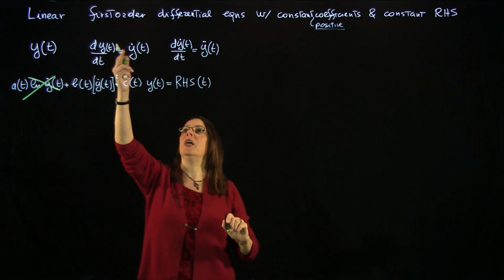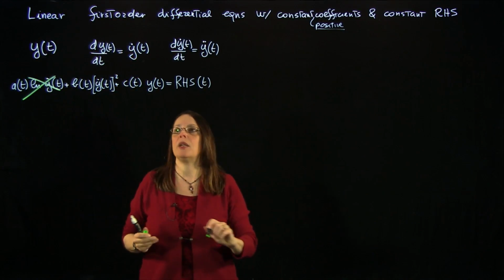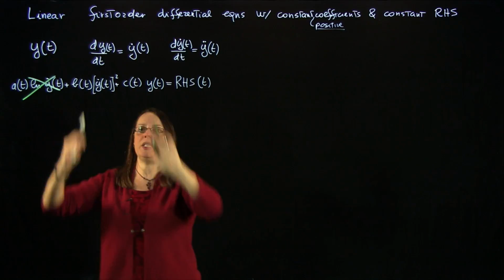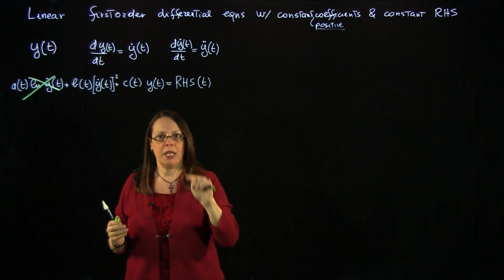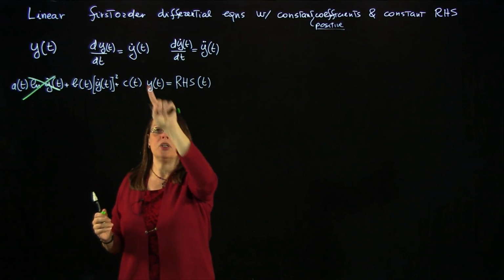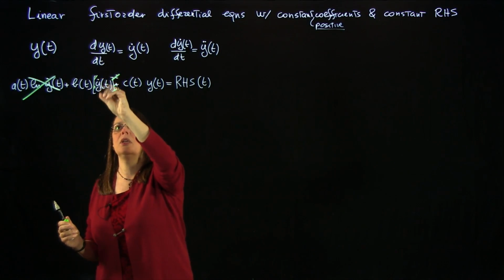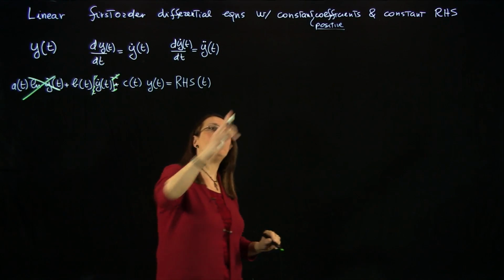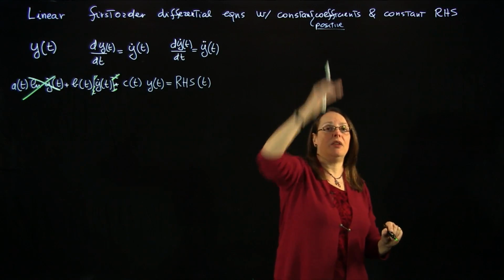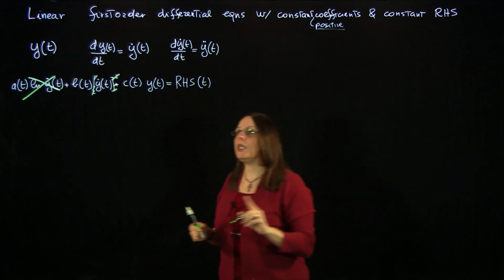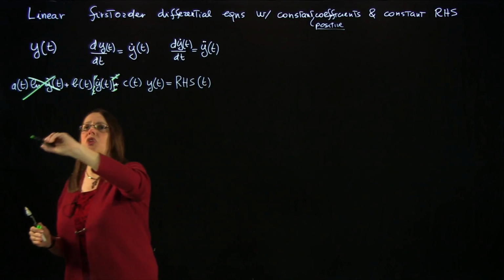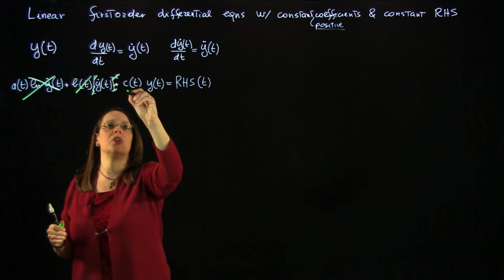And we want linear. Linear means that the function and its derivative appear in the equation only in a linear term. So it cannot be squared like that, so the square goes. Then we have constant and positive coefficients. Constant coefficient means these things here cannot be a function of time.